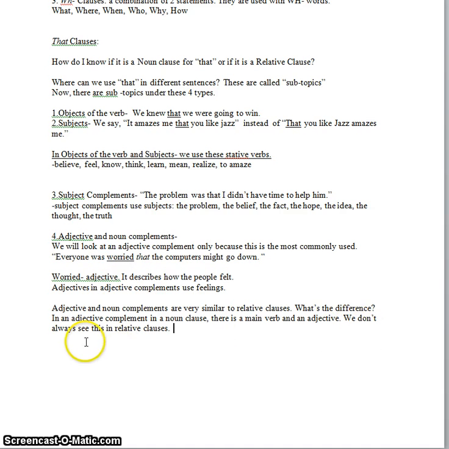Well, we don't always see this in relative clauses. That's the difference between an adjective and noun complement and a relative clause. Once again, in our noun clauses that involve this subtopic, we're going to have a main verb and an adjective. We don't always see this in relative clauses.